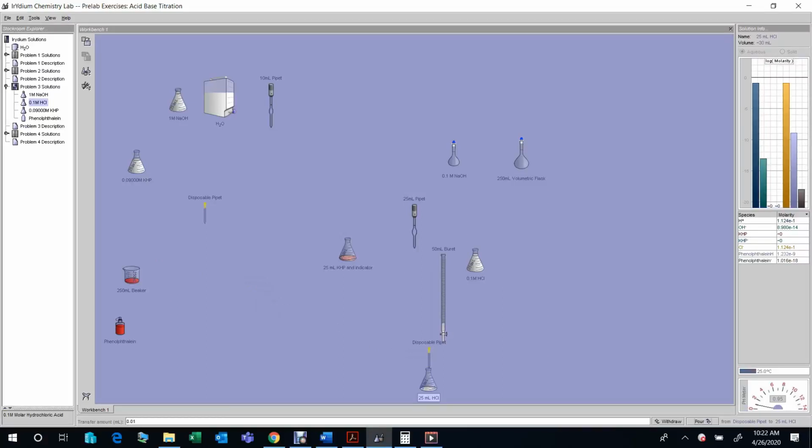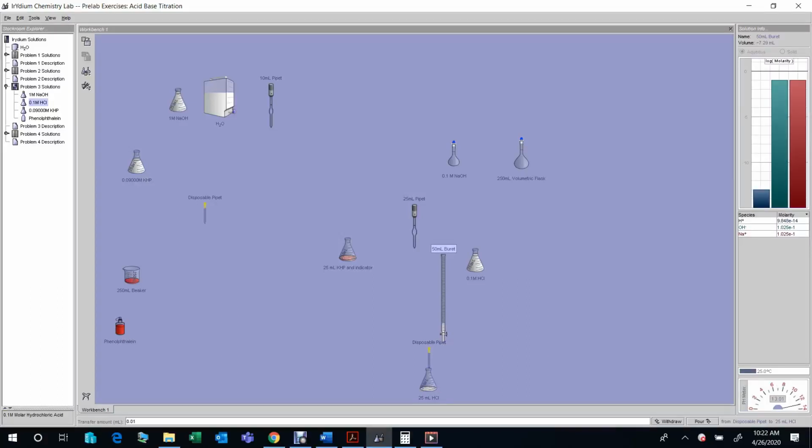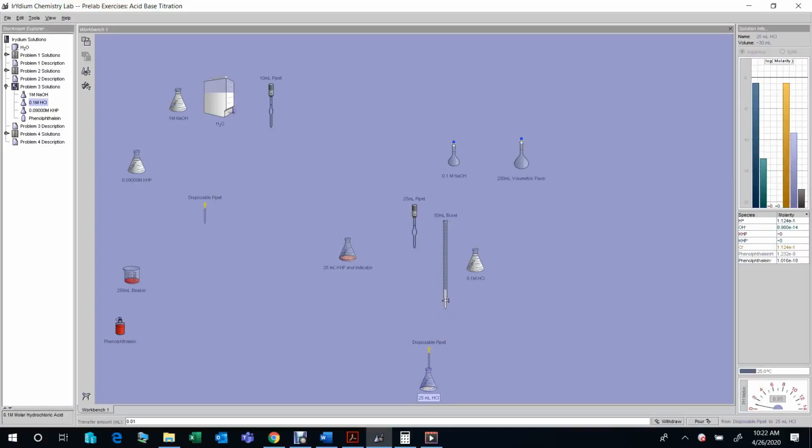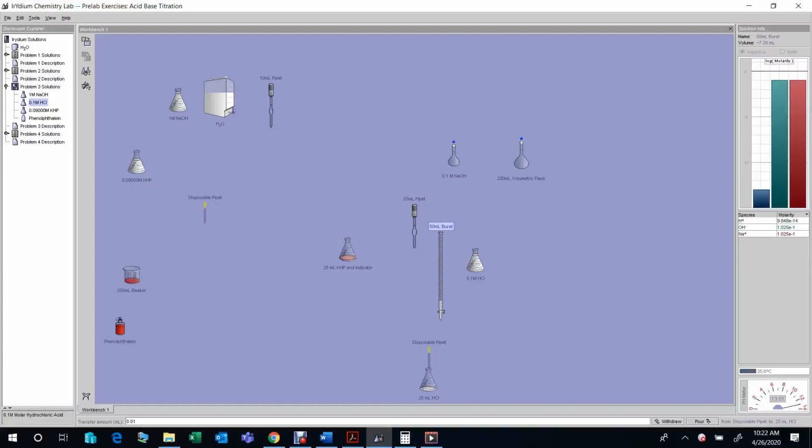You see this solution, we have HCl, we don't have KHP, and we have the indicator. Then after we fill the burette with more sodium hydroxide, we can do the titration again.